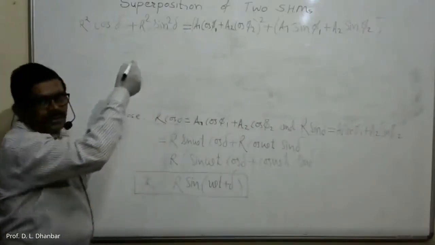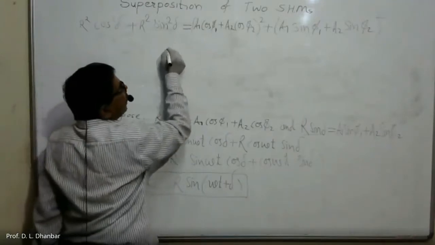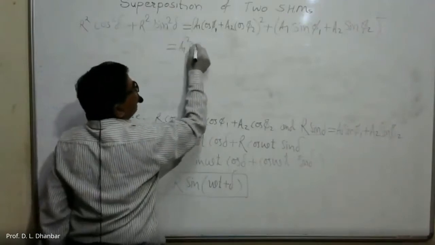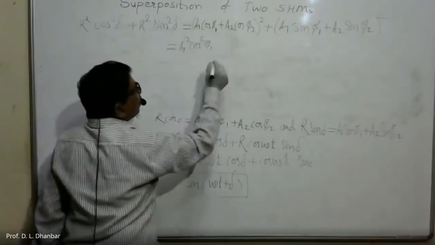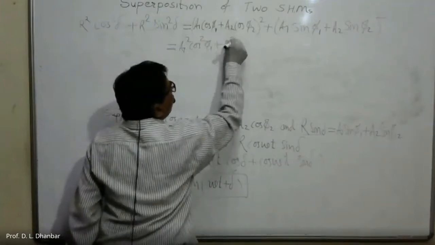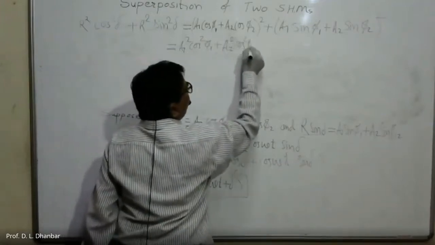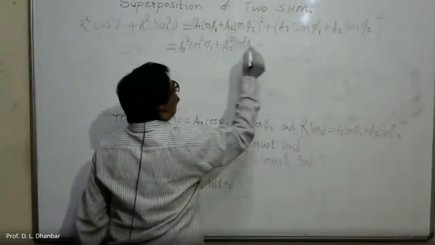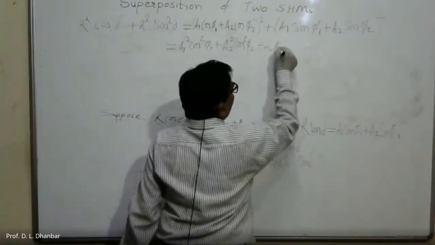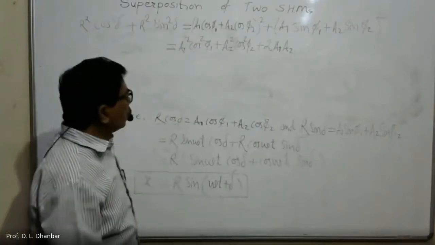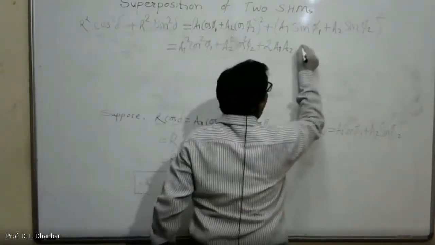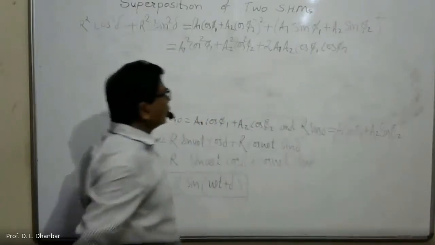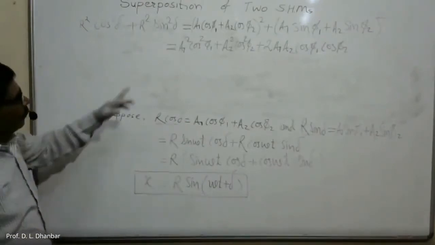So what is the square of the first bracket? It is equal to A1 square cos square phi 1 plus A2 square cos square phi 2, plus 2 times A1 A2 cos of phi 1 into cos of phi 2. This is the expansion of first bracket.